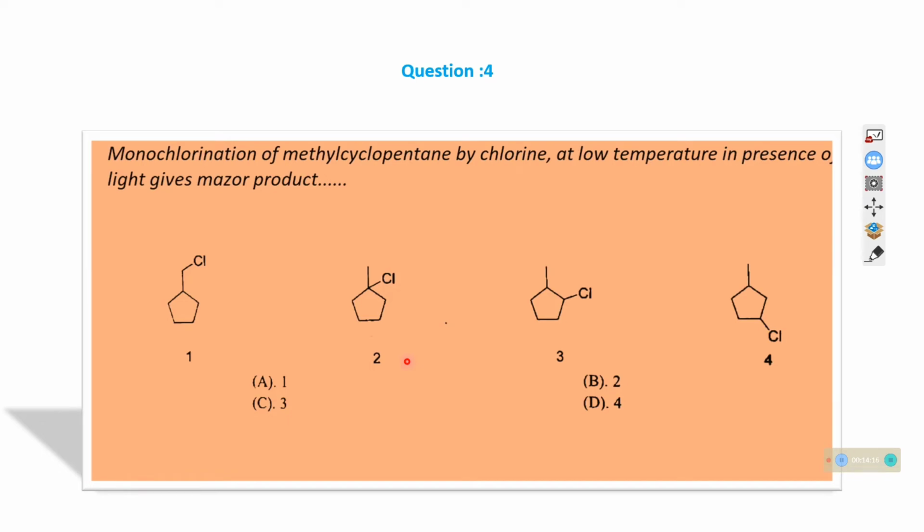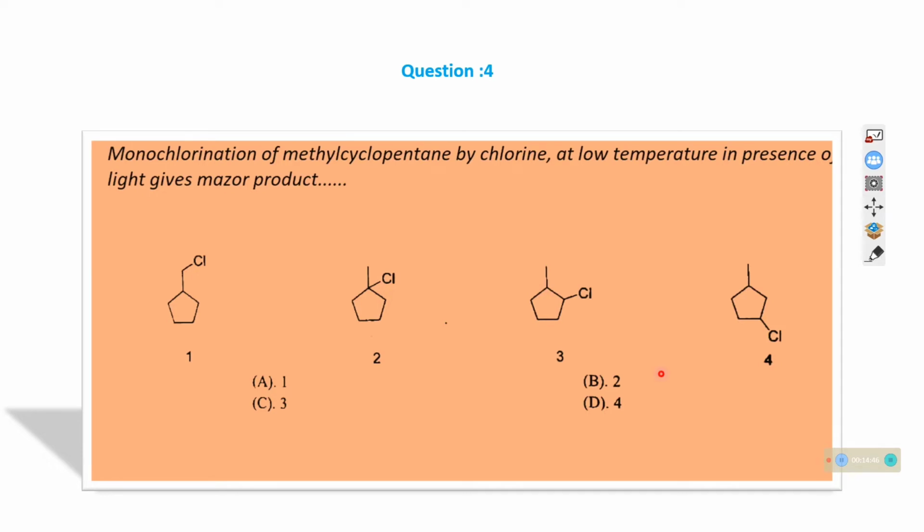Question 4. This is a somewhat conceptual question. I am trying to explain everything regarding these questions, so try to understand this question. Monochlorination of methylcyclopentane by chlorine at low temperature in presence of light gives a major product.